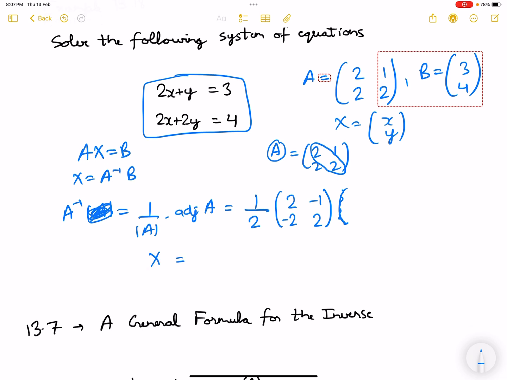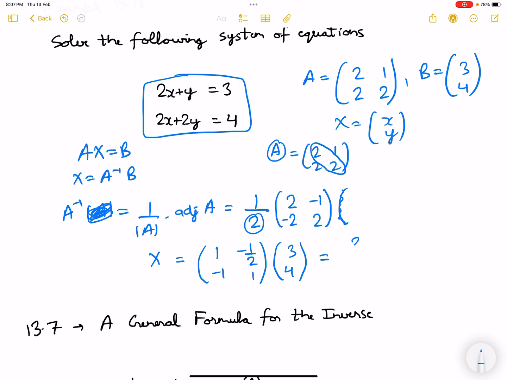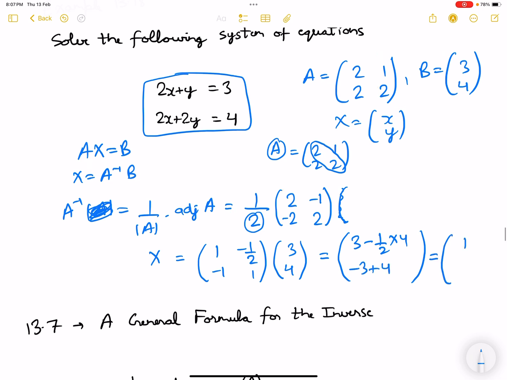If I take the 1 by 2 inside, it would be 1, minus 1 by 2, minus 1, 1, times B, which is 3, 4. So this would be 3 minus half into 4, upon minus 3 plus 4. So this gives us 1 and 1.